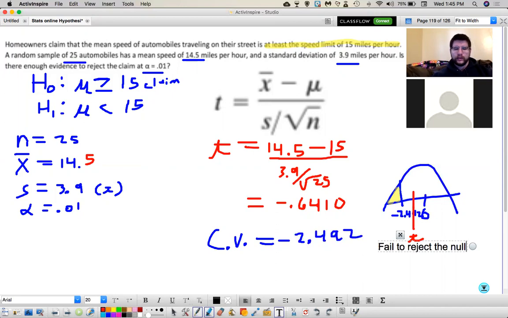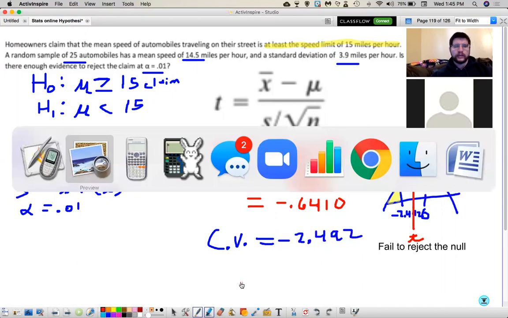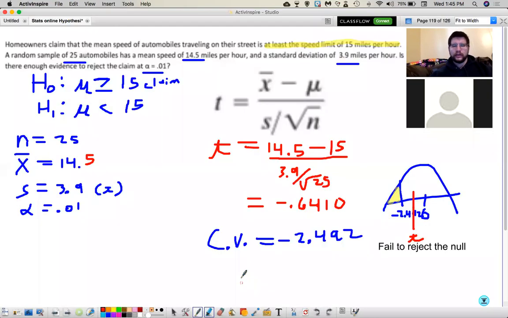Okay. So for the p-value on the t, remember, we're actually going to get a p-interval on a t-test, unless you're using a TI, which I'll do in a second. To get the p-interval for a t-test, you look at the same degrees of freedom. So n is 25, 24 degrees of freedom. You look up where your test statistic is, negative 0.64. Well, ignore the negative, 0.64.